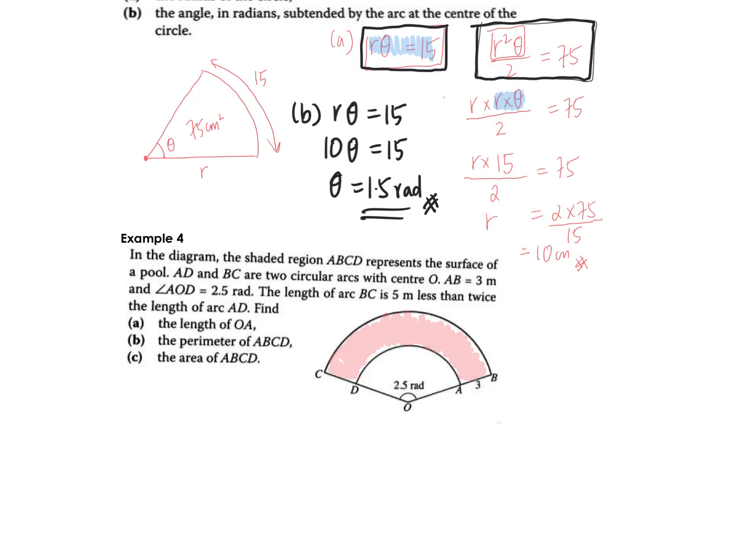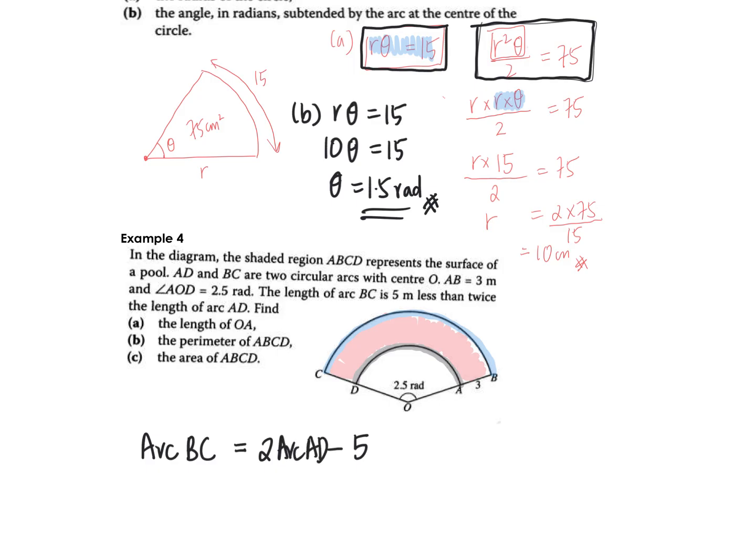The length of the arc BC is 5 meters less than double the length of AD. So meaning arc BC is 5 meters less than double the arc of AD.